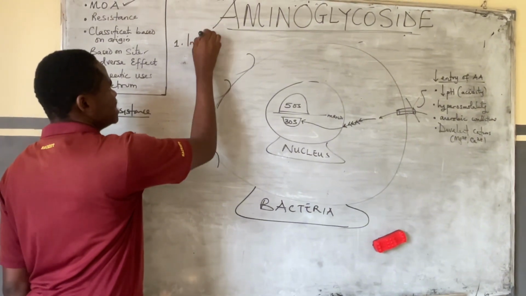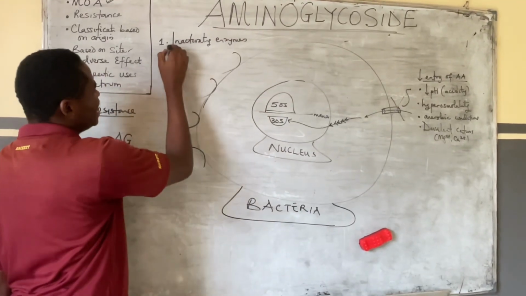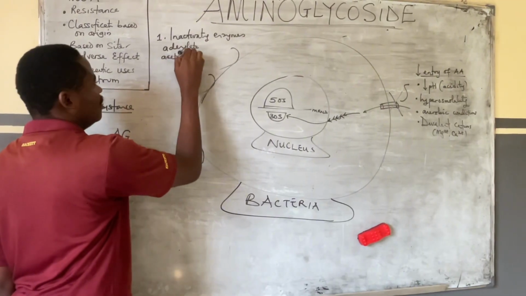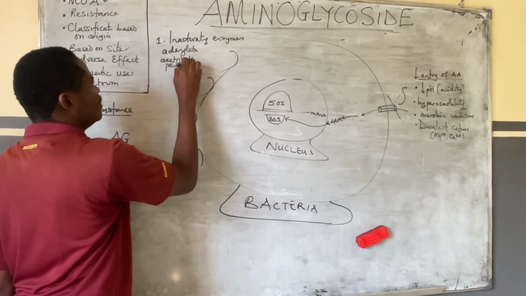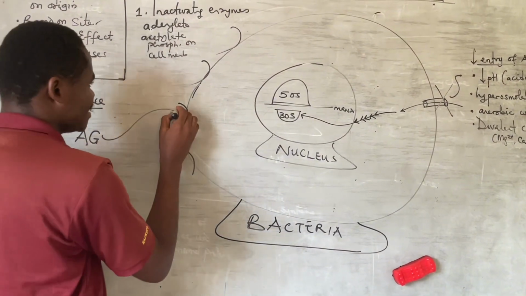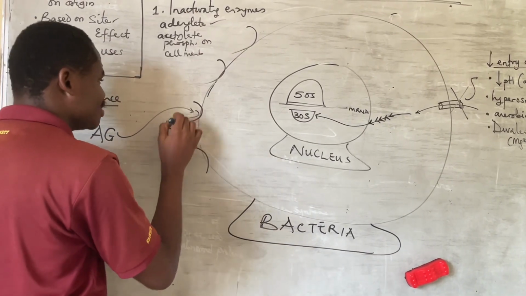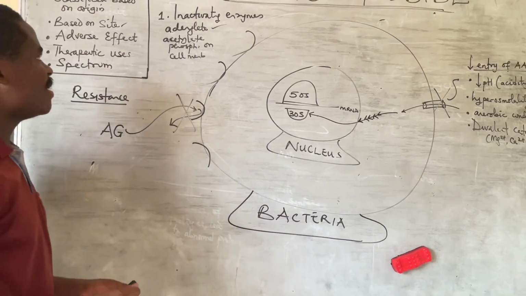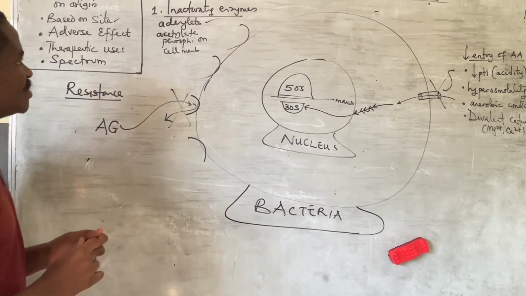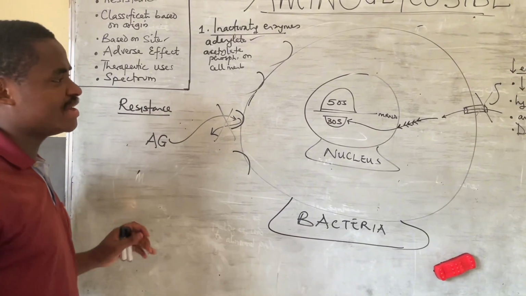They either adenylate, acetylate, or phosphorylate on the cell membrane. So anytime aminoglycoside goes there, it can be acetylated, adenylated, or phosphorylated, and its action becomes futile. So the number one mechanism of resistance is adenylation, acetylation, or phosphorylation of these drugs on the cell membrane, making them inactive.